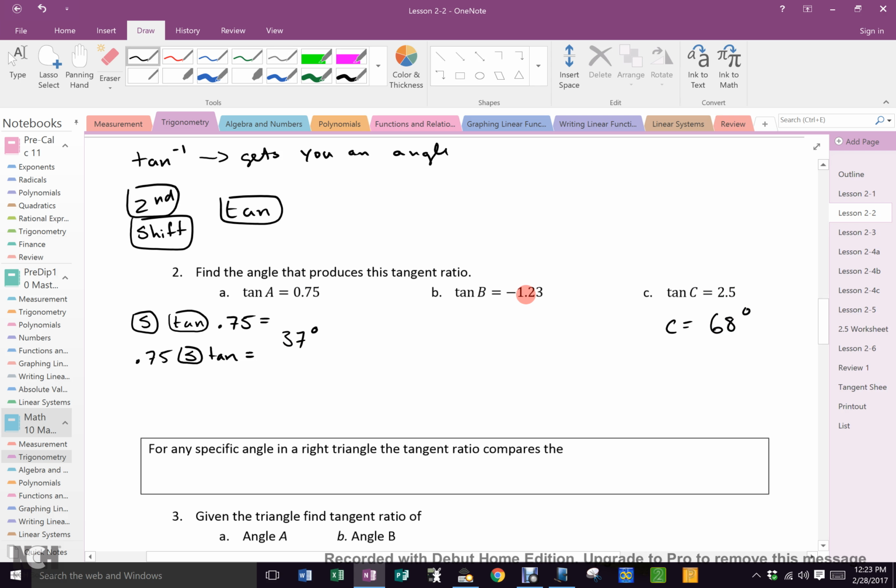What's weird about B? It's a negative. Try it. What does it give you? Negative 51 degrees, correct? Does that make any amount of sense? It doesn't. Because when you guys think of angles, you think of a protractor, right? Which is 180 degrees, correct?